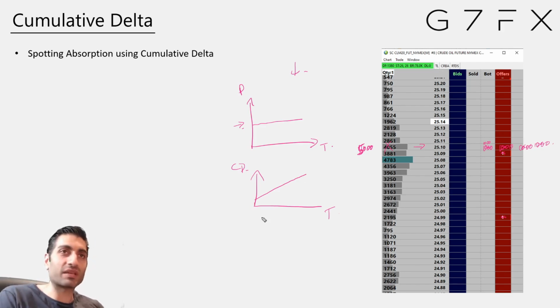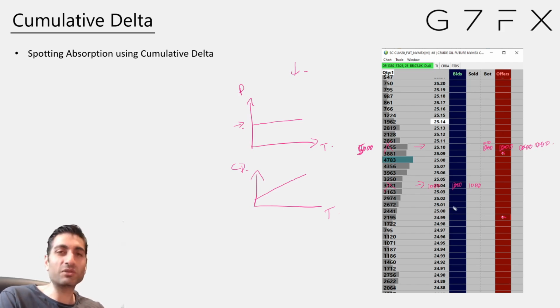Other way, same thing. Price is here, forget about this volume profile. Let's say someone's sitting on the bid with 1,000. You hit the bid and say, fine, I'll clear out 1,000 contracts. But hang on a minute, as soon as that goes, another 1,000 appears.